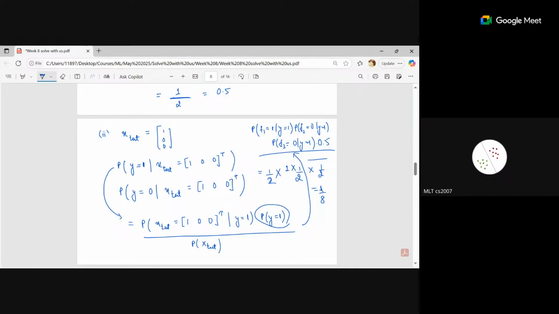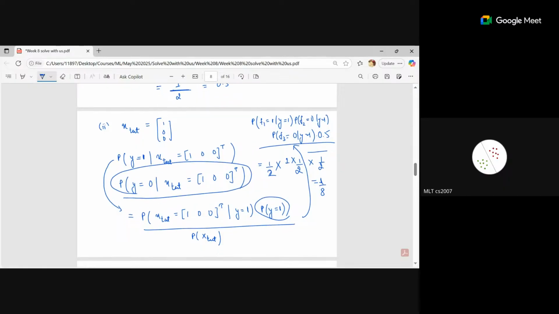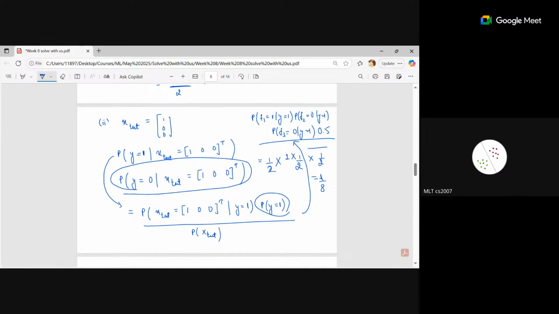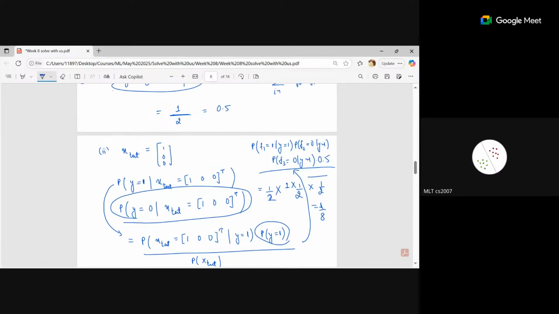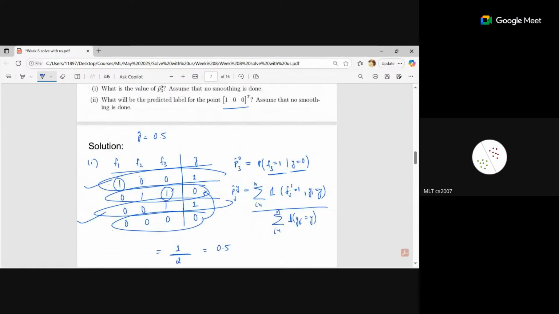But now, if we have to find the probability y is equal to 0 given x test, then what happens here? In place of y is equal to 1, now you do y is equal to 0. So it says probability that f1 is equal to 1 given y is equal to 0, times probability f2 is equal to 0 given y is equal to 0, times probability f3 is equal to 0 given y is equal to 0, times probability that y is equal to 0, right?